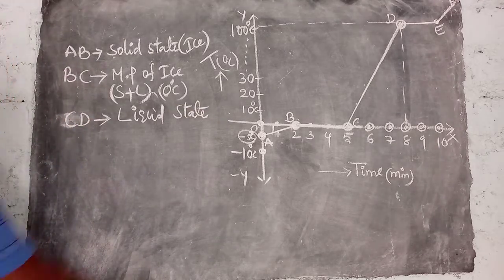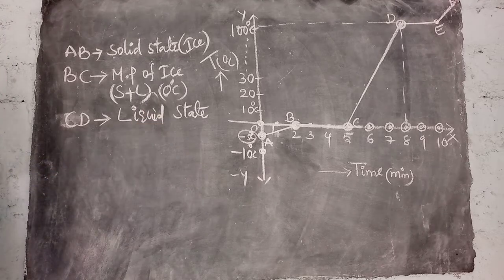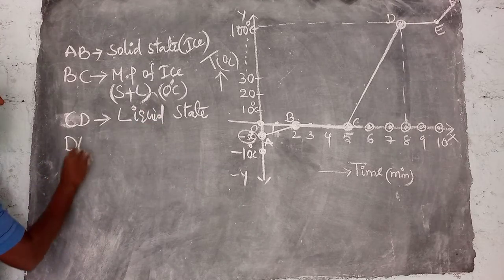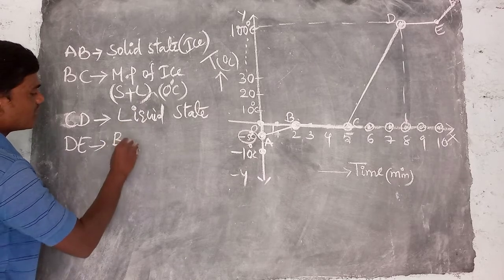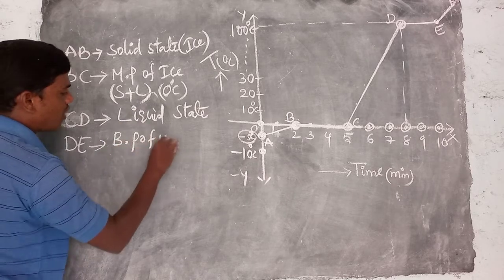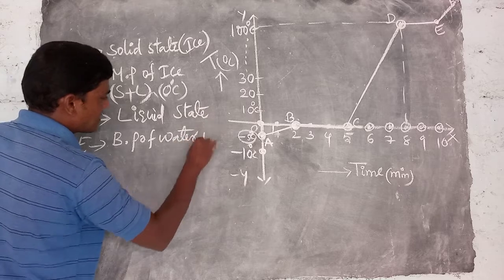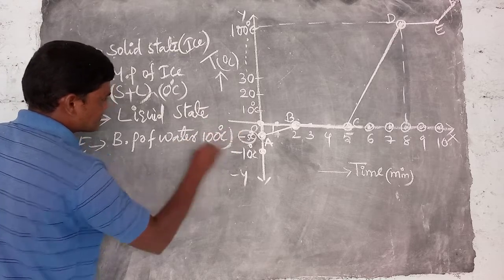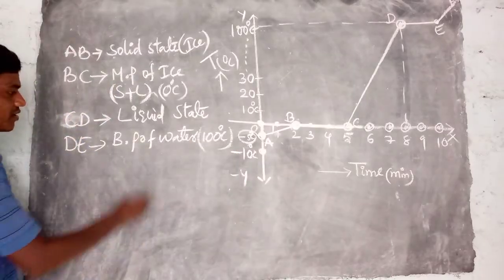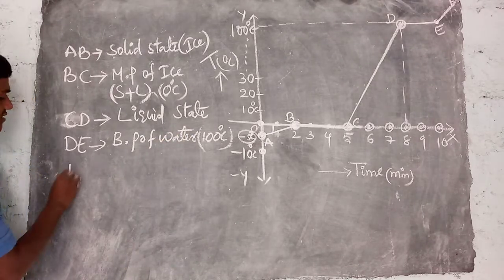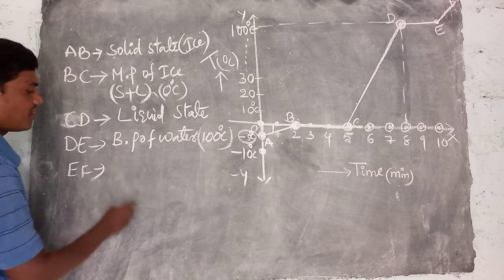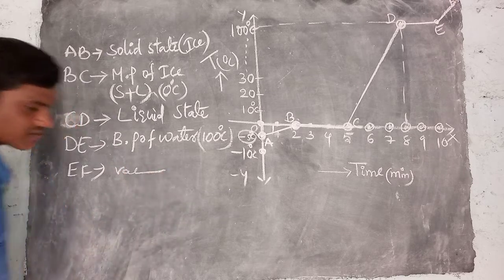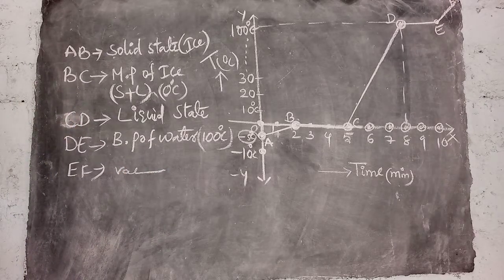Next, DE represents what? The boiling point of water, that is 100 degrees Celsius. Next, EF is what? It is in the vapor state, meaning steam. In total, it is in the vapor state.